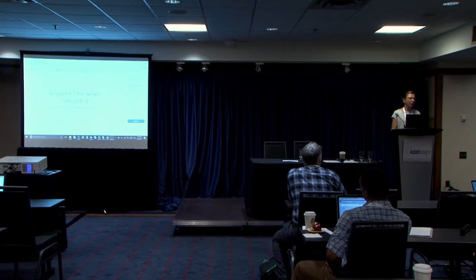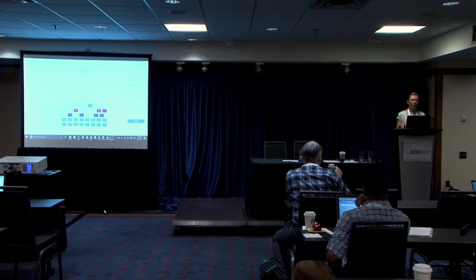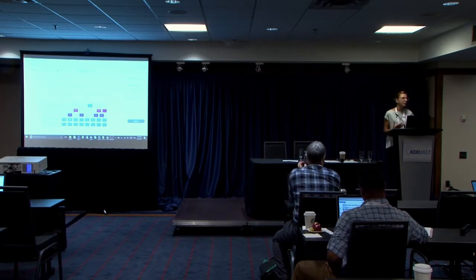Just to give you some background on this problem, group time series forecasting shows up when time series data can be disaggregated by many attributes of interest to form groups of time series or hierarchies of time series.